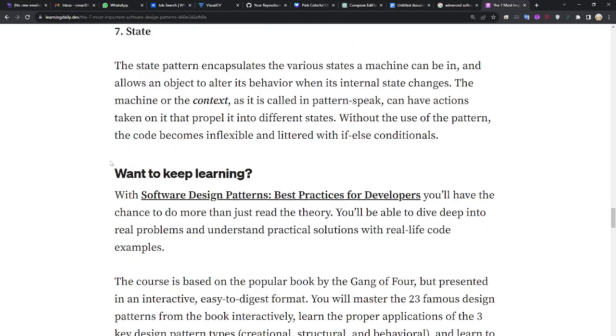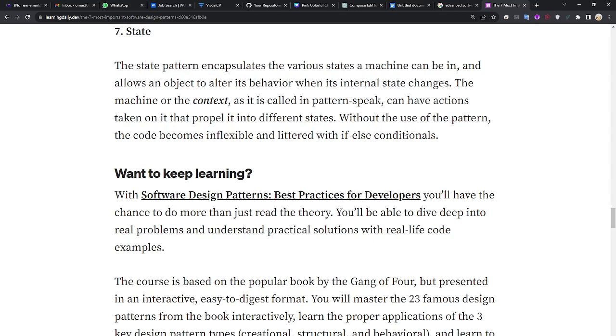آخر واحد الستيت. The state pattern encapsulates the various states a machine can be in and allows an object to alter its behavior when its internal state changes. The machine, or the context as it is called in pattern speak, can have actions taken on it that propel it into different states.